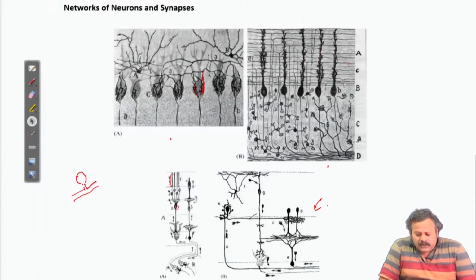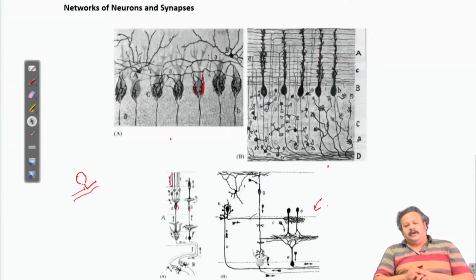So the basic idea here is that the input, so to speak, of a neuron comes onto another neuron through the structure called synapses. And a neuron can have, as you see in these diagrams, many different synaptic contacts from the same neuron, or multiple inputs from many different neurons, or they can also have simply one input.